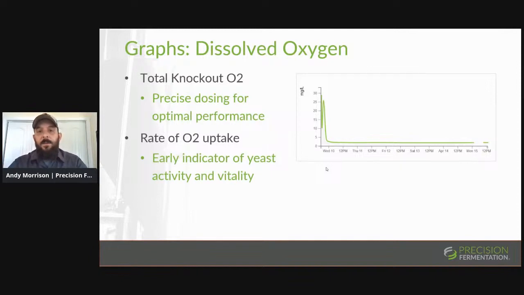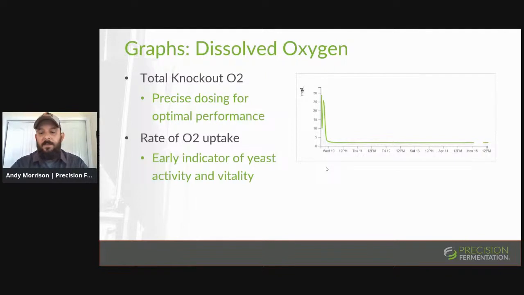Another key measurement that we're looking at is dissolved oxygen. This, and all of the rest of the readings that we take, are taken every 10 minutes. Dissolved oxygen is a really important metric for measuring the health of the yeast within the first few hours of fermentation. It helps you measure how much oxygen am I actually putting in?